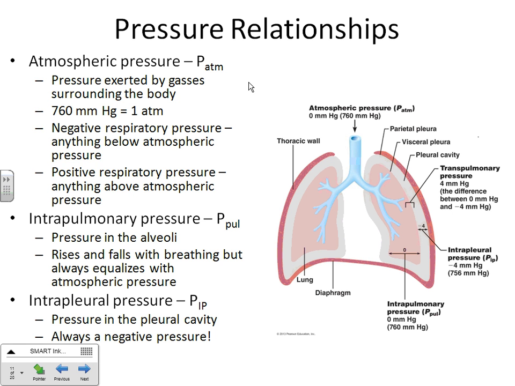Okay? Go ahead and get familiar with these little abbreviations, because that's the way you're going to see it as we go through. Okay? ATM, atmospheric, PUL, pulmonary, IP, intrapleural. Okay? I didn't come up with those. That's just the way it's kind of done. Okay?